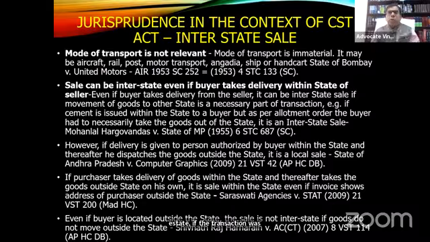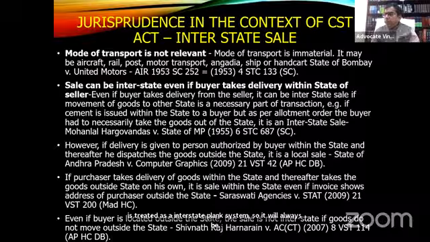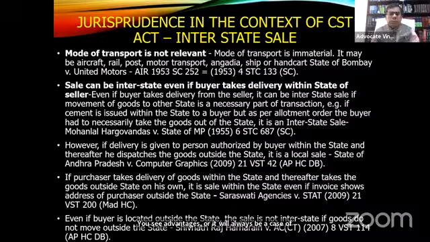But here no revenue will accrue to the local state from where the sale originated if the transaction is treated as an interstate transaction. So it will always be a cause of motivation to the assessing officer of a supplier state to try and treat a transaction as an intrastate transaction.